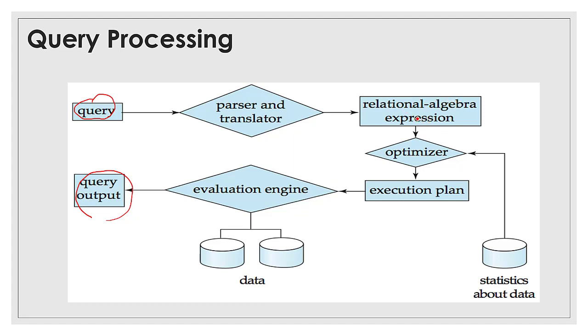All the execution plans will go to the optimizer. The optimizer will use the statistics about the data and select one of the execution plans. That execution plan, which is most cost effective, will go to the evaluation engine and it will perform on the data to generate the output for the query. In this way, our DML query is processed.